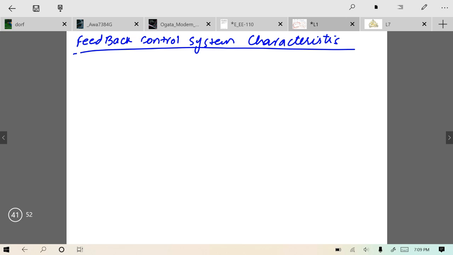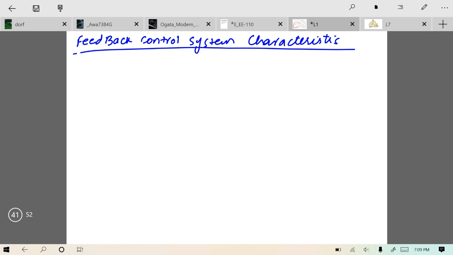Up till now, you already know what a feedback control system is, and that a feedback control system is actually a closed loop control system. So you know what an open loop system is and what a closed loop system is.